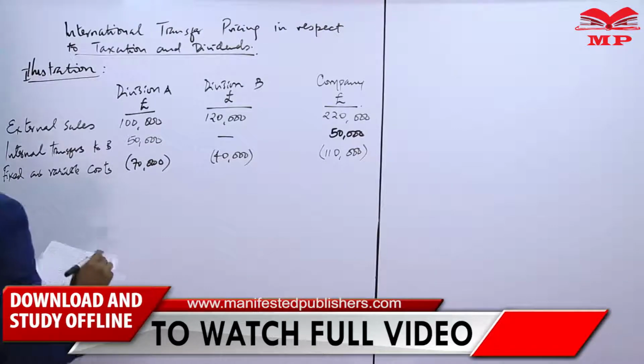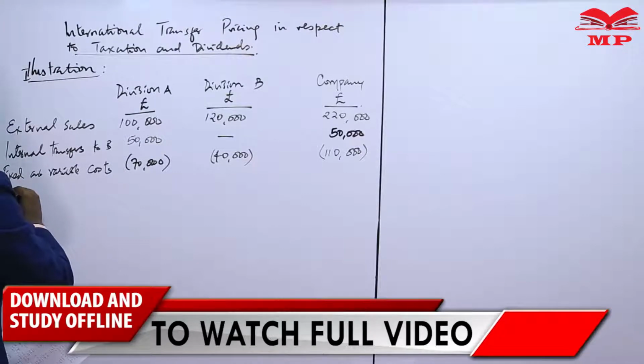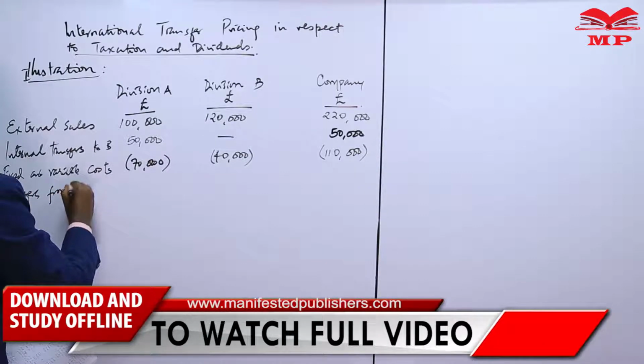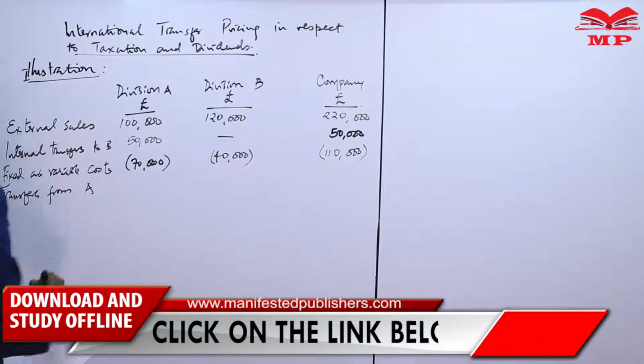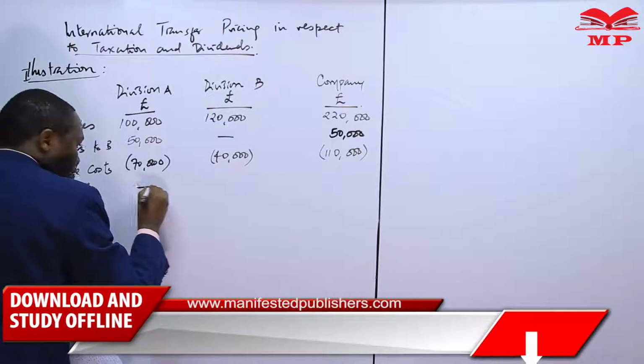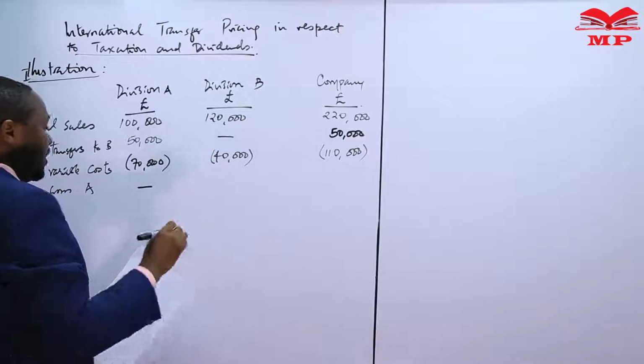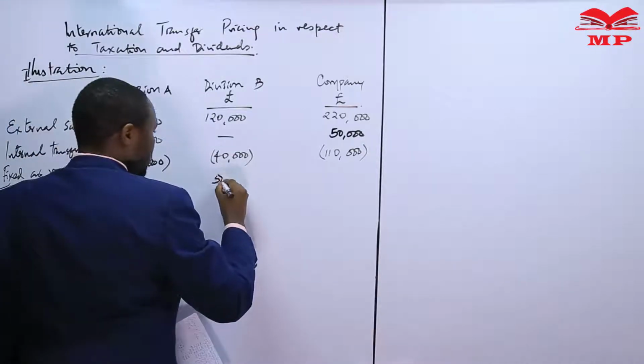One other cost is transfers from A. It will not be a cost there, but it is a cost to the receiving division.